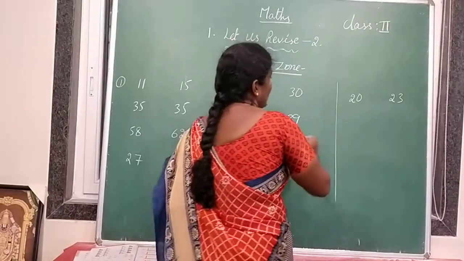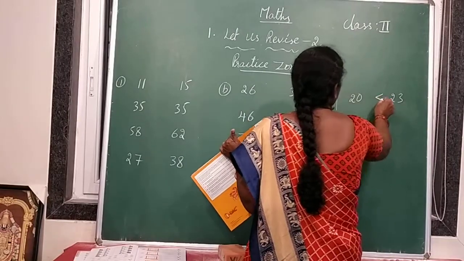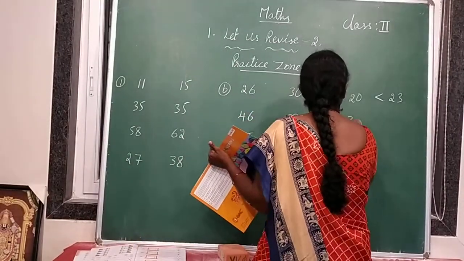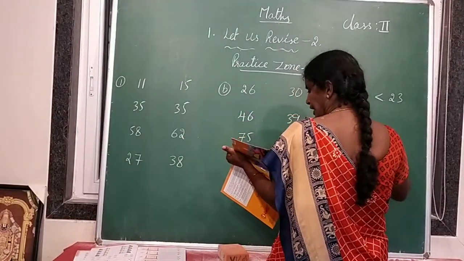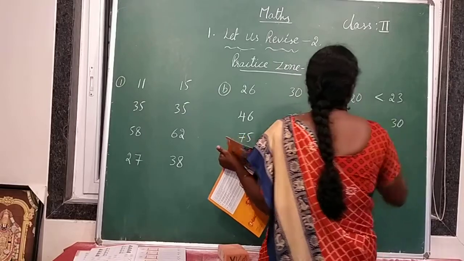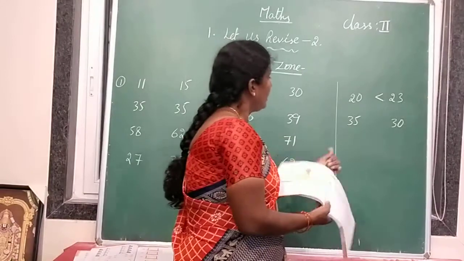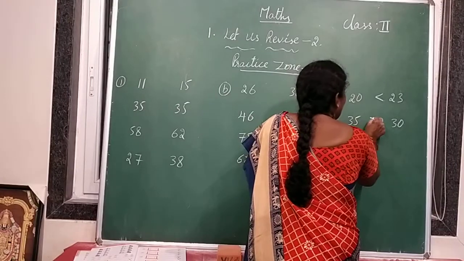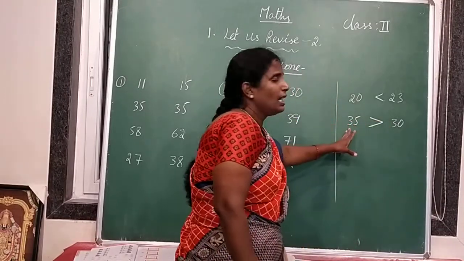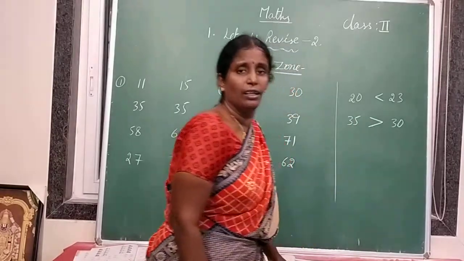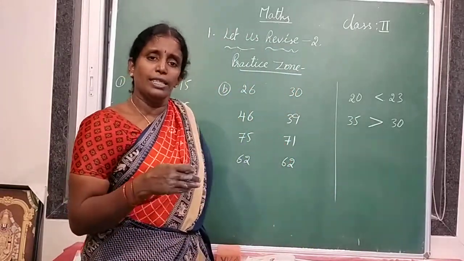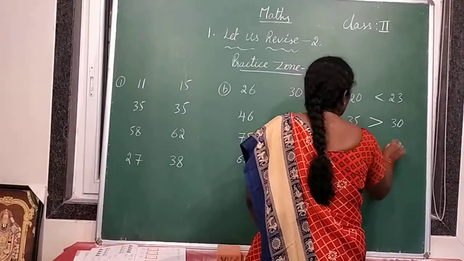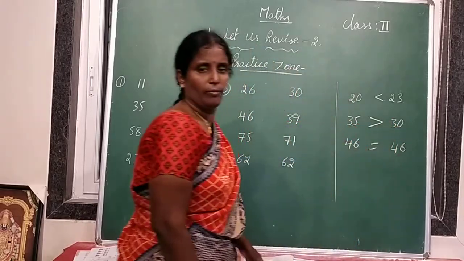And in 35 and 30, which is more? 35 is more, so again open the mouth towards the bigger number. Like this also we can remember how to put the symbols. If both are the same, 46 and 46, we put the equal symbol. Understood?